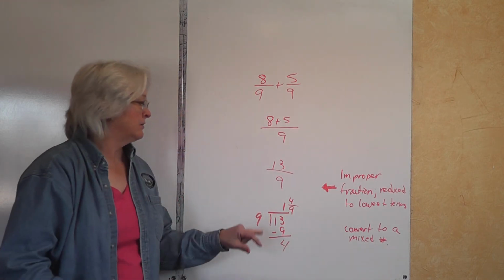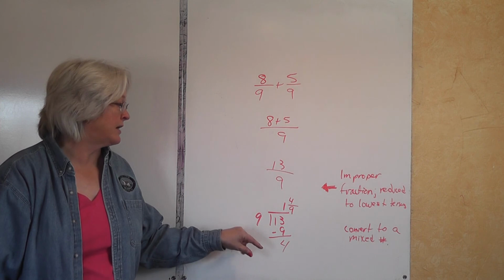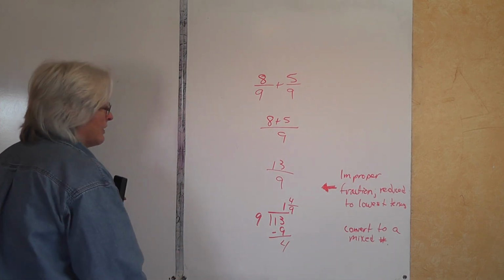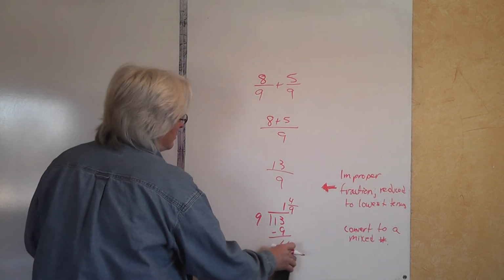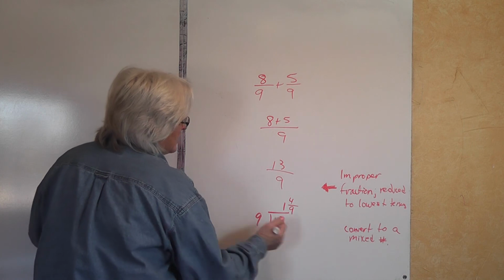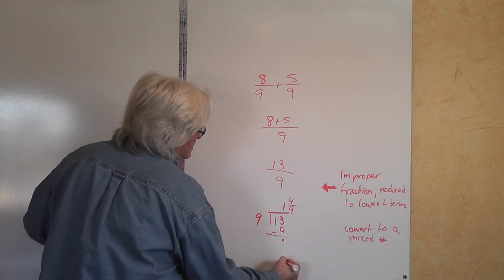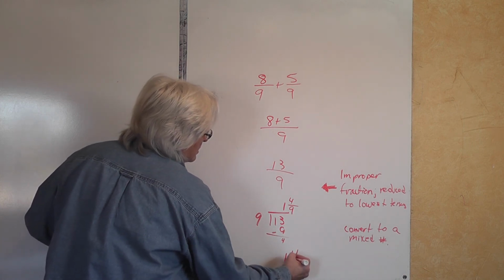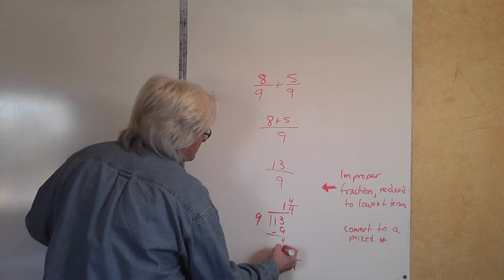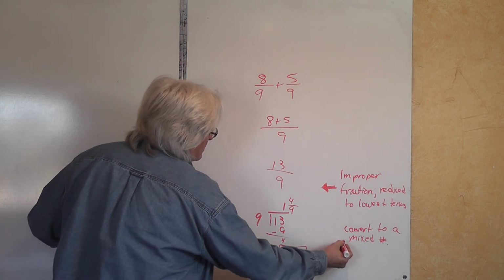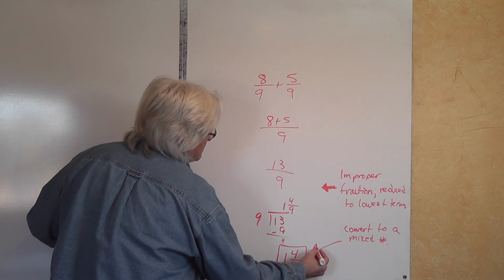The denominator is the number by which you are dividing. So your answer that they are looking for is 1 4/9. The mixed number 1 4/9.